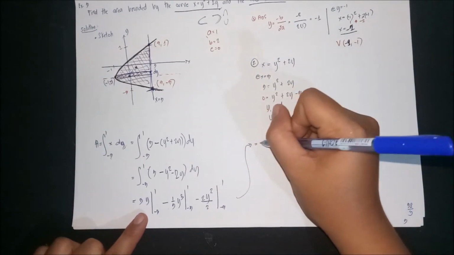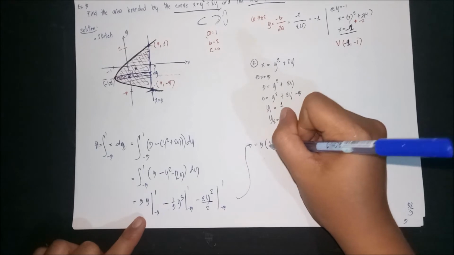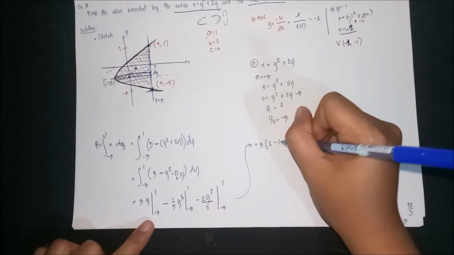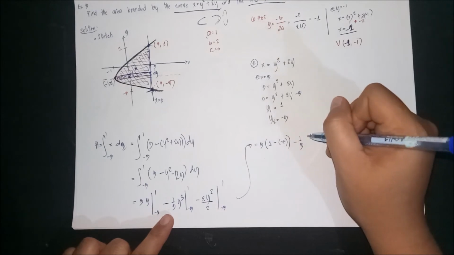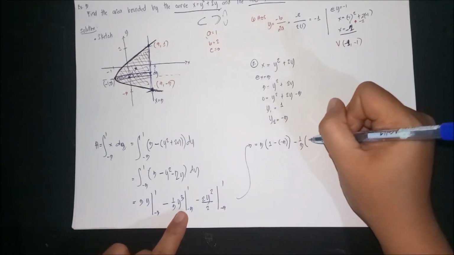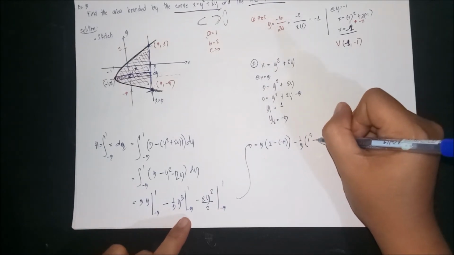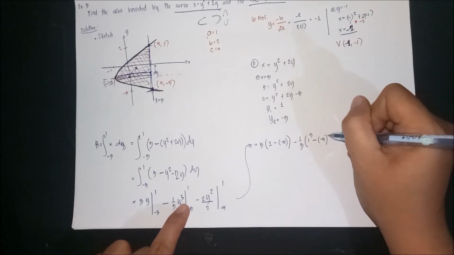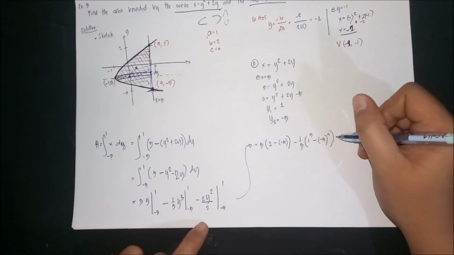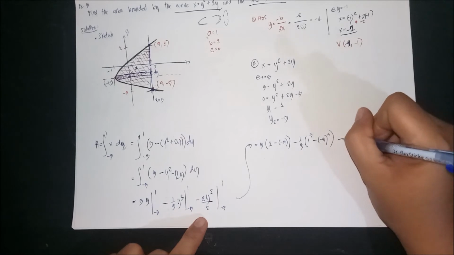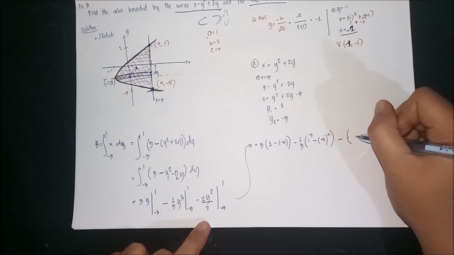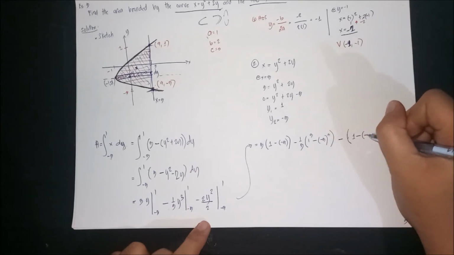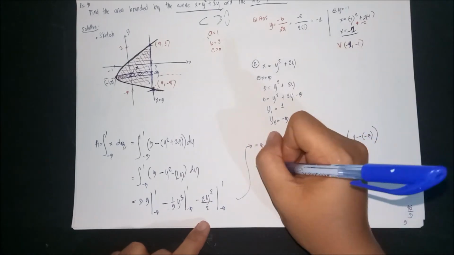This is equal to 3 times the limit natin: upper 1 minus the lower, minus 1/3 times the limit natin: upper is 1 cubed minus the lower, negative 3 cubed. 2 over 2, that is 1. So minus the upper limit natin na 1 minus the lower na negative 3.